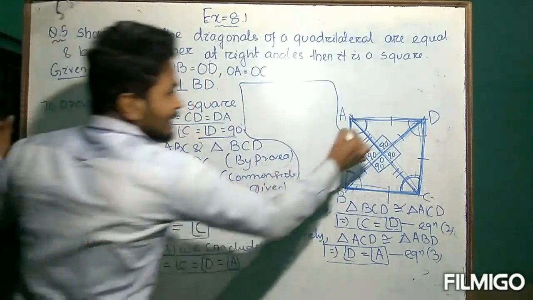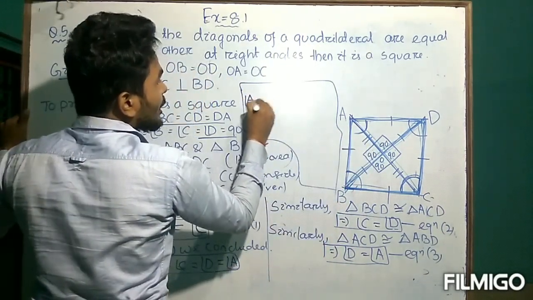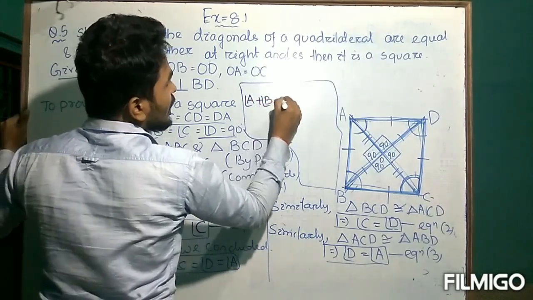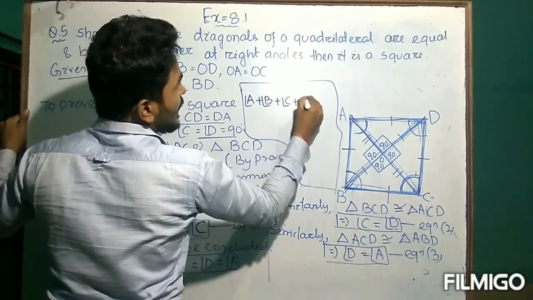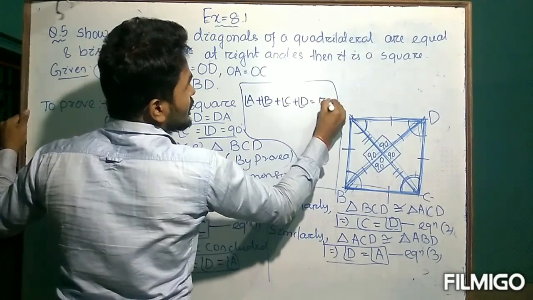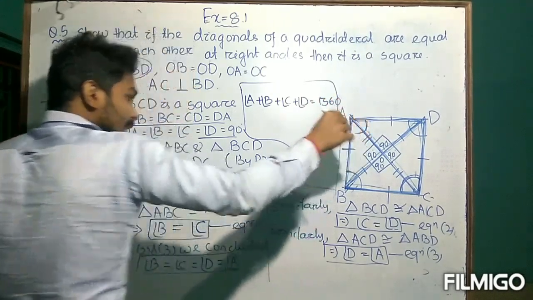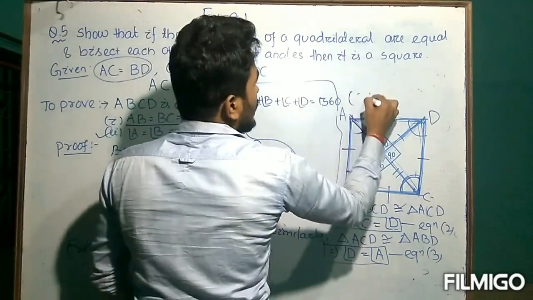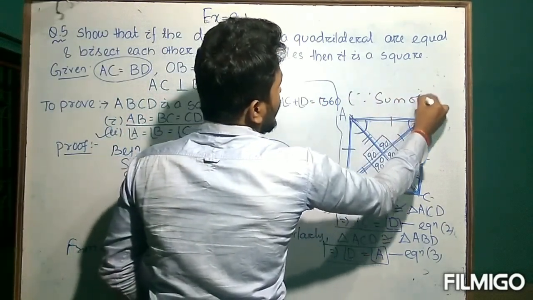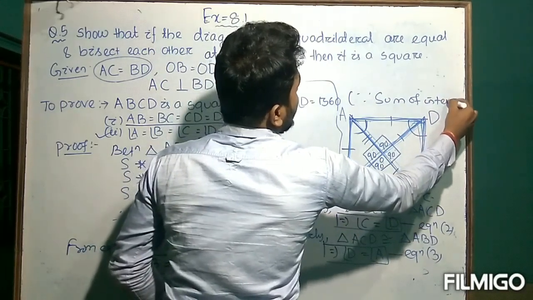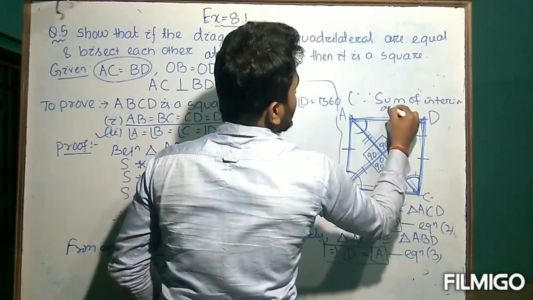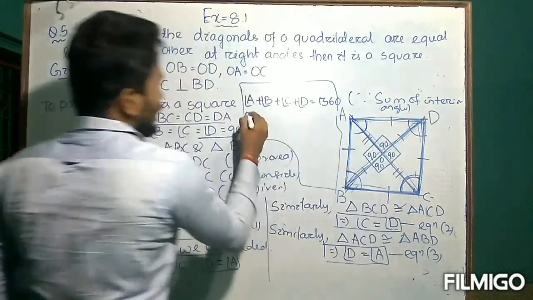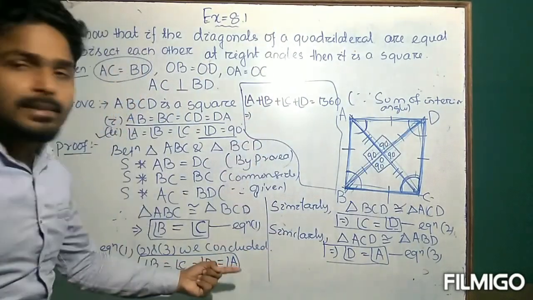So we can write angle A plus angle B plus angle C plus angle D must be 360 degrees, because it is a quadrilateral.